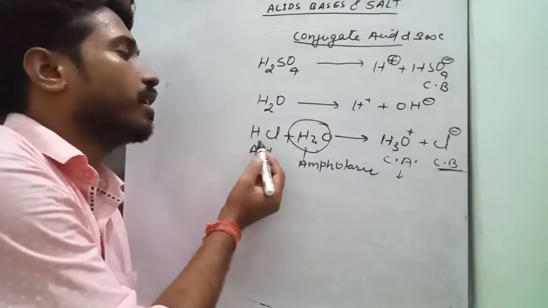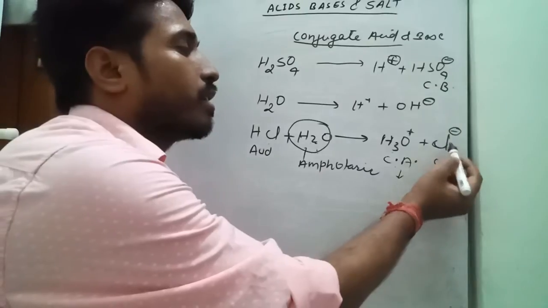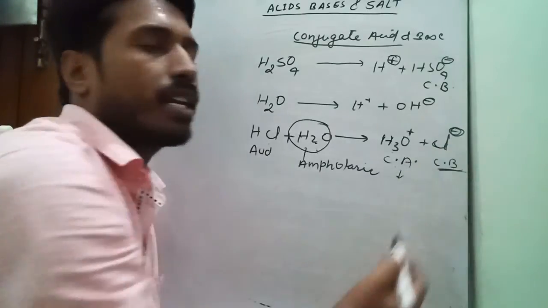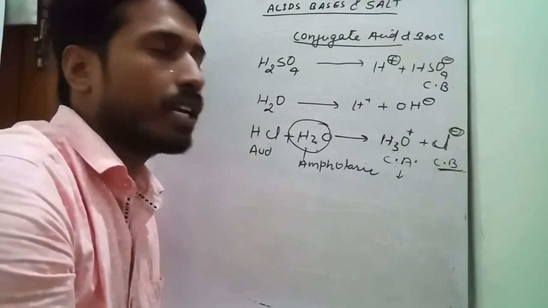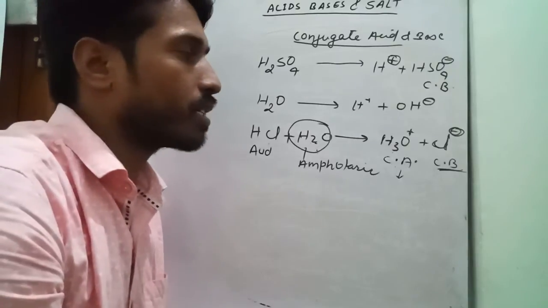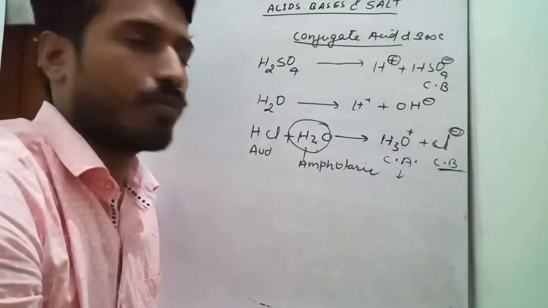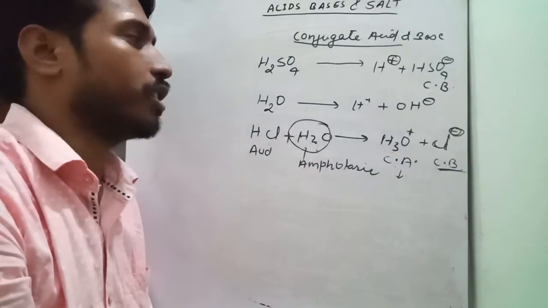Simply, in general, the species which carry a negative charge will act as conjugate bases, and those which carry a positive charge will act as conjugate acids.